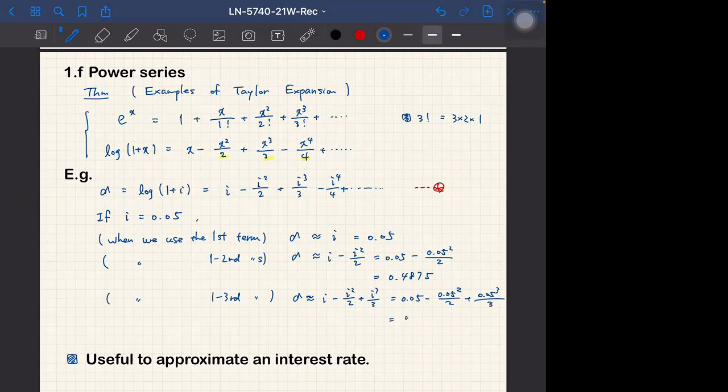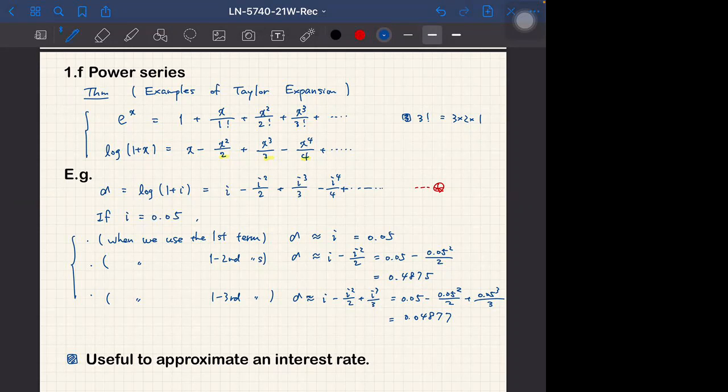So this is equal to 0.04877, so 0.0488. This is almost the same as the exact value of delta. If we use this approximation, you can get almost the exact answer.